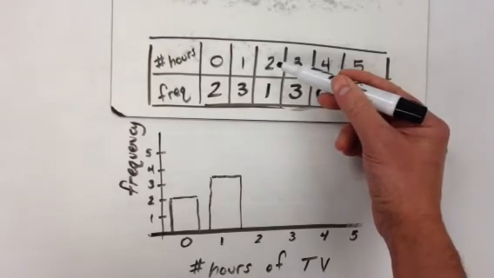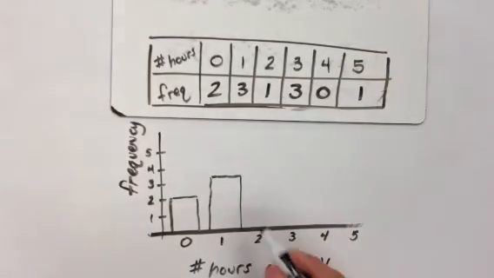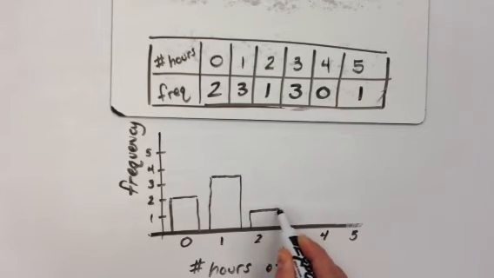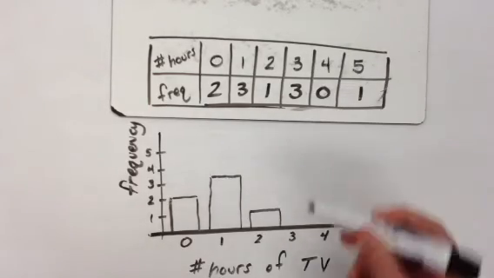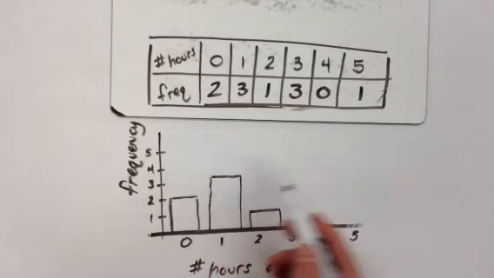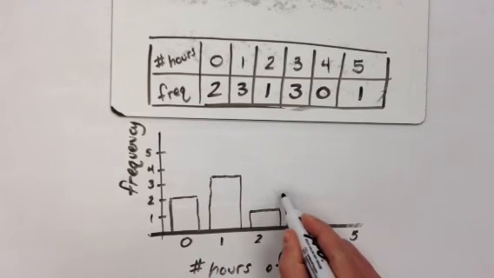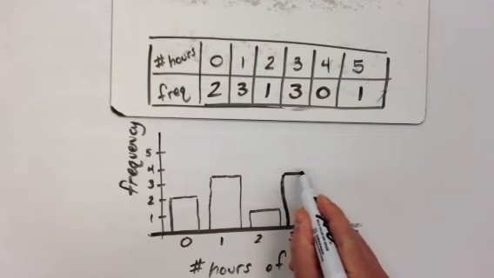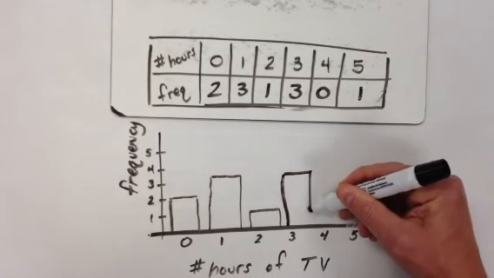For 2 hours, it occurs once, so this is going to need the spacing. Go up to the once, over, and then down. For 3 hours, it happens 3 times, so it should be about the same height as this one, but that one looks a little off. I'm going to go up, over, and then down.